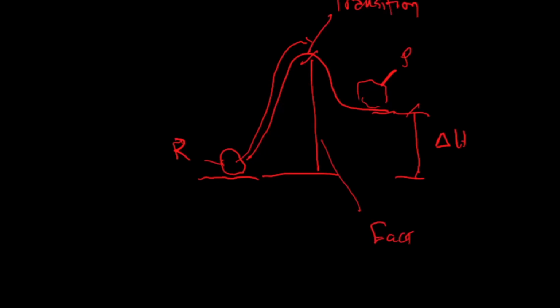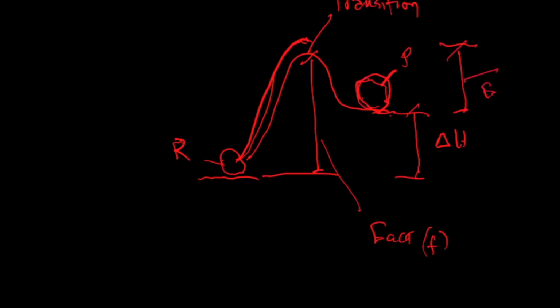That's the very top. Now, this is the activation energy in the forward direction because we're moving in the forward direction. So we put an E-act with an F because we're going from reactant to product. But if we're going in the reverse direction, then that activation energy would be where that particular reactant starts to the highest point. And so this right here would be the activation energy in the reverse direction.